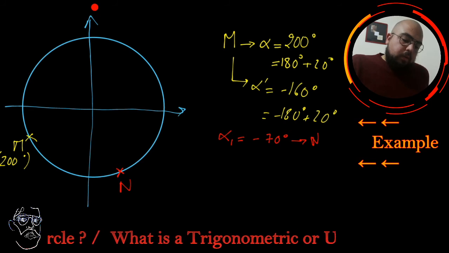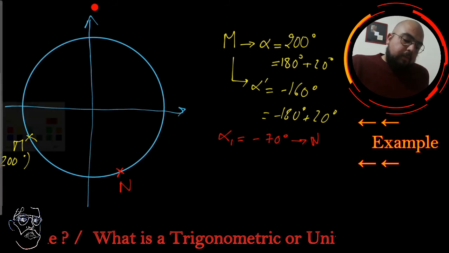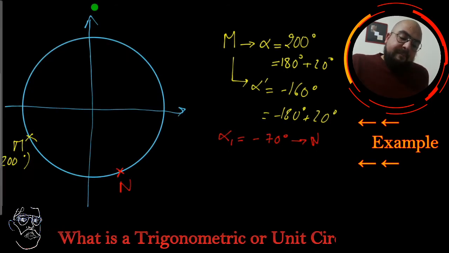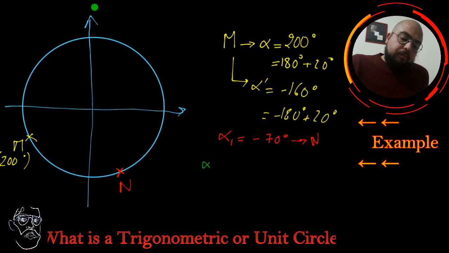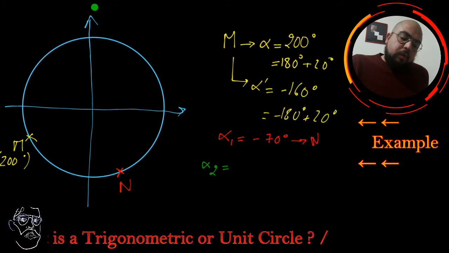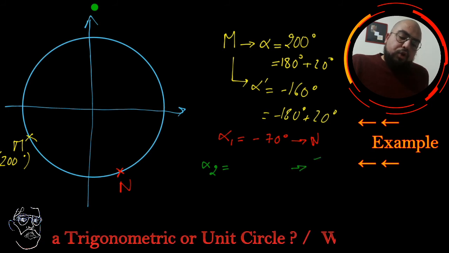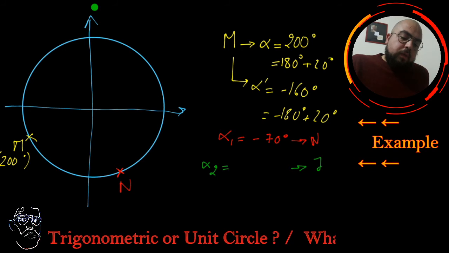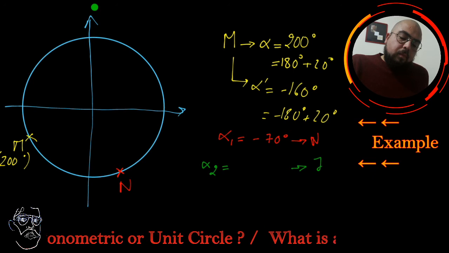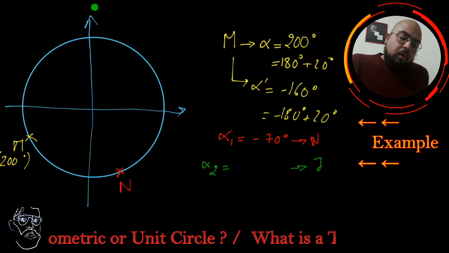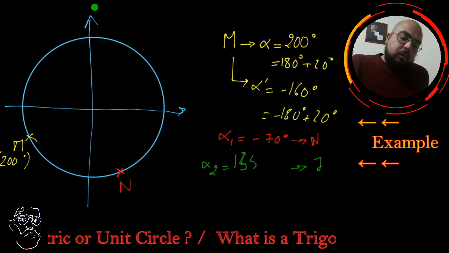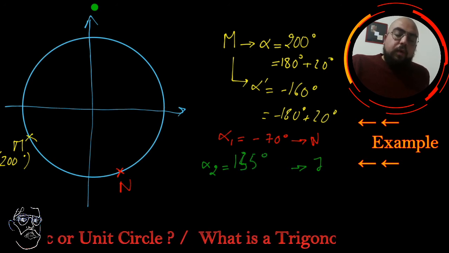What about a certain angle, a certain point, alpha 2, and this is for the point, let's say J. Alpha 2 is 135 degrees.